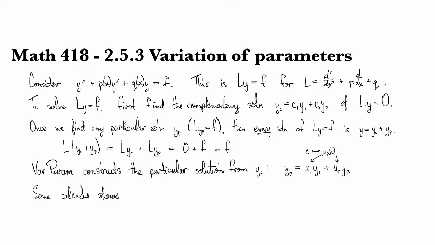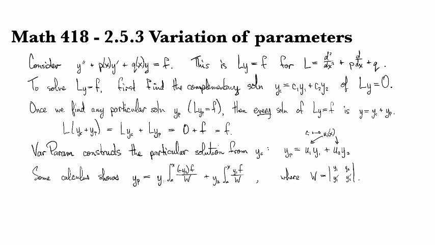Some calculus and actually a little bit of linear algebra shows that you can solve explicitly for yp, and it looks like y1 times the integral from a to x of minus y2 times f divided by the Wronskian, plus y2 times the integral from a to x of y1 f over the Wronskian, where the Wronskian determinant is the one found by filling in y1 and y2 and then taking their derivatives and then evaluating that determinant.